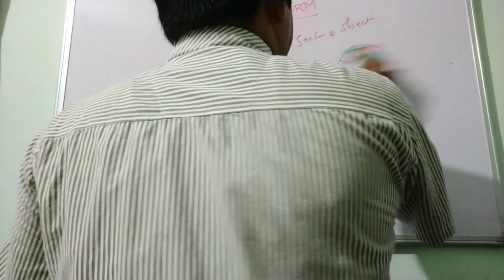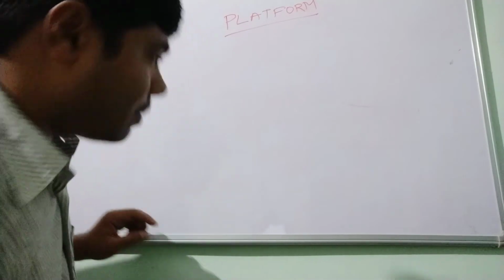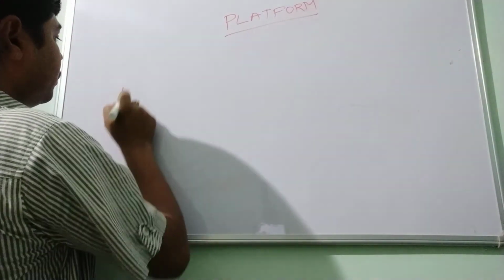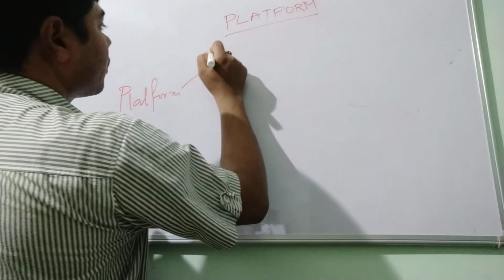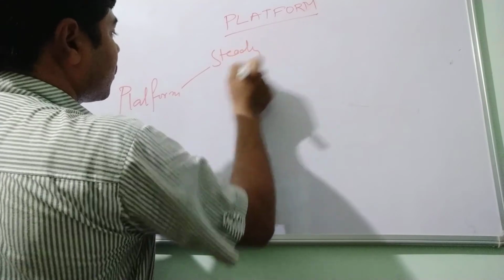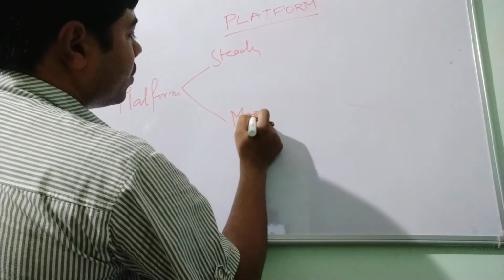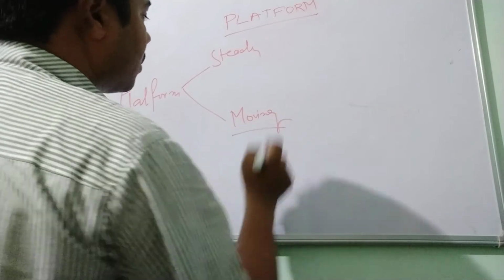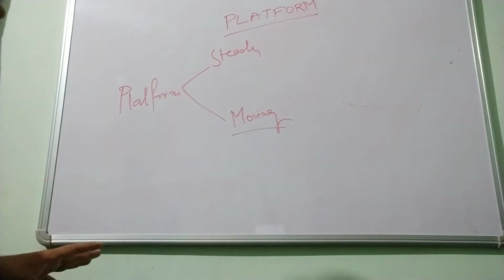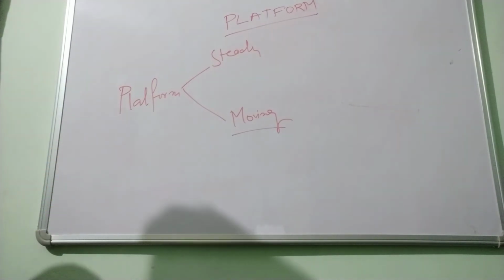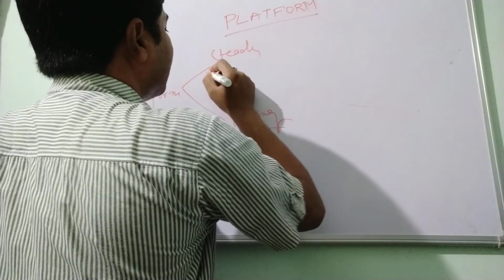As I stated earlier, there are two types of platform: the steady platform and the moving platform. A steady platform means it will be fixed in a particular area, with no movement of this platform. A moving platform can be carried anywhere. The steady platform is also known as the ground-bound platform.